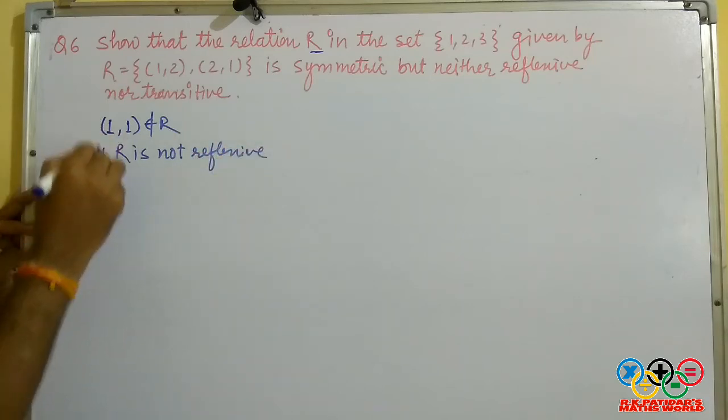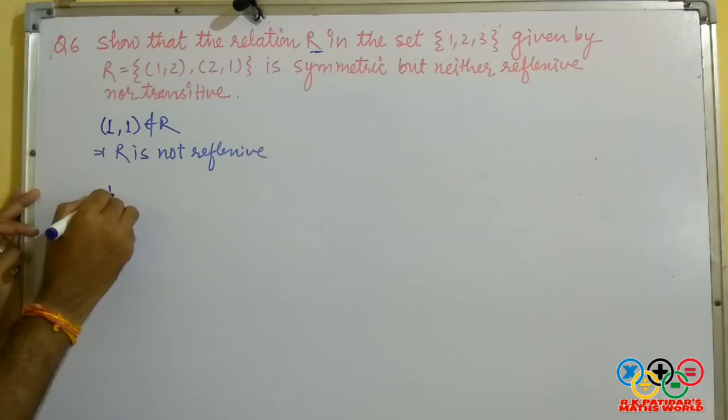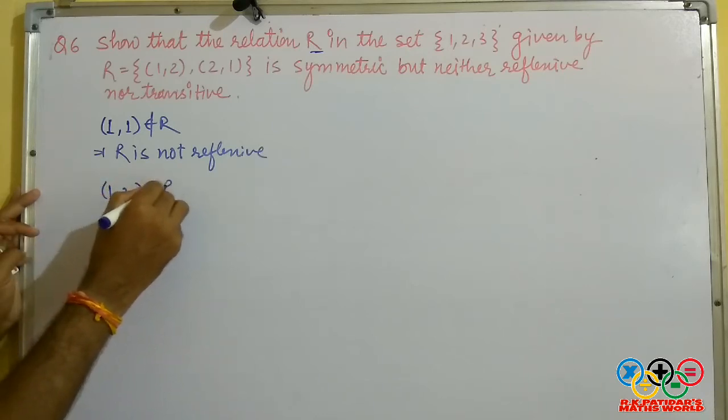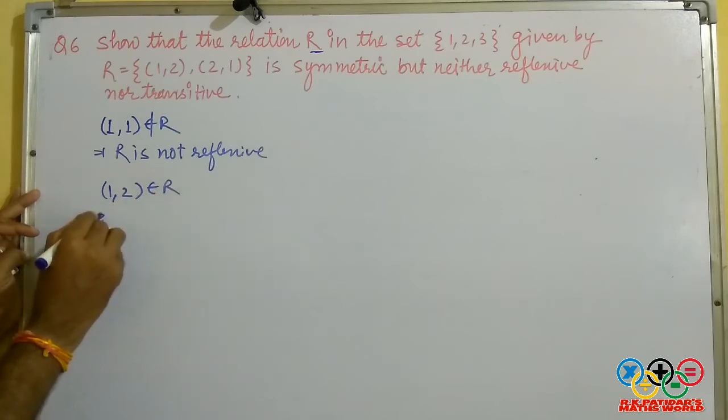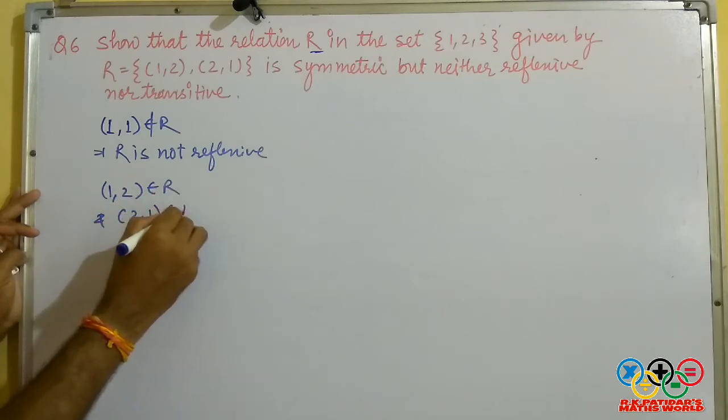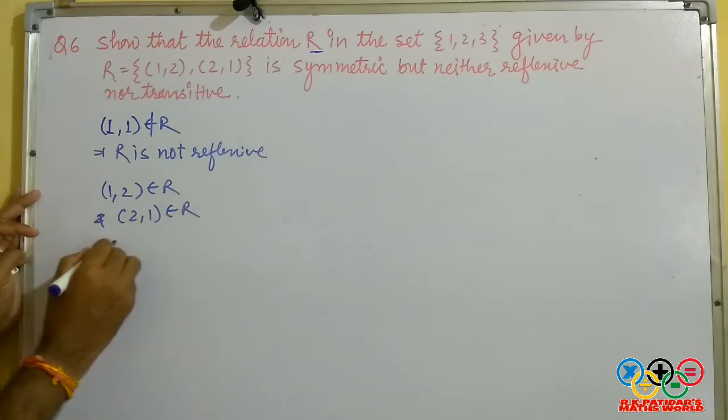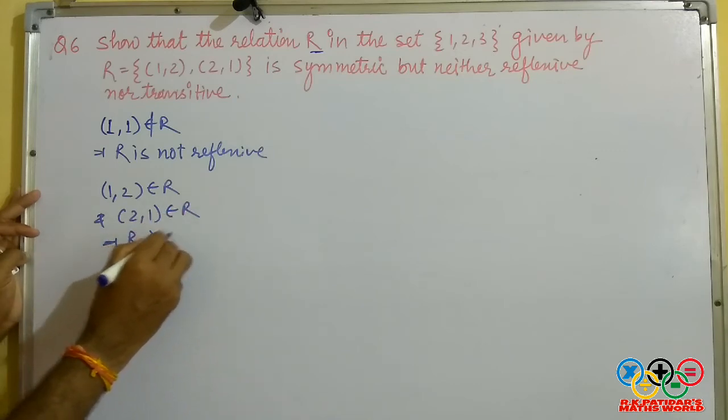Here, secondly, (1, 2) belongs to R and (2, 1) belongs to R. This implies R is symmetric.